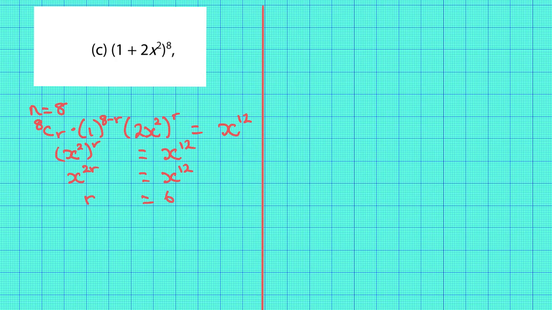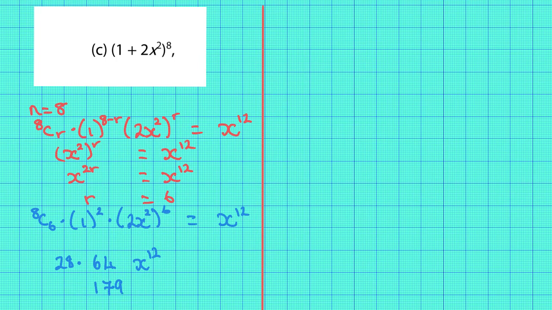Substituting back in, we get 8 choose 6, 1 to the power of 8 minus 6 is 2, 2x squared to the power of 6 equals x to the power of 12, which is equal to 28 times 64 x to the power of 12, which is equal to 1,792 x to the power of 12.